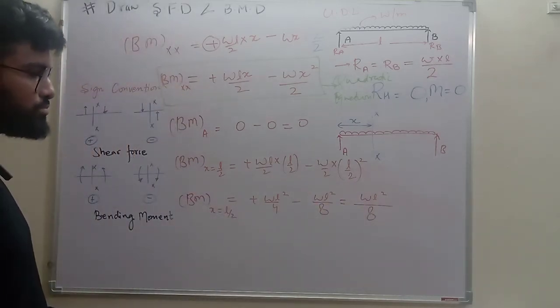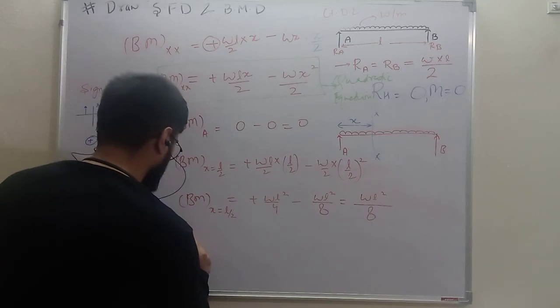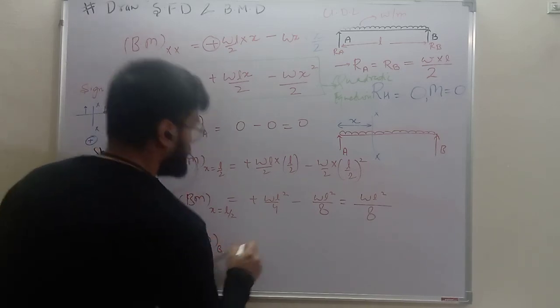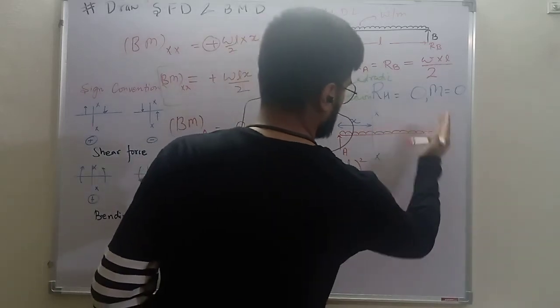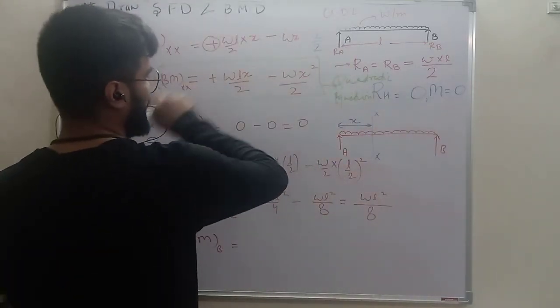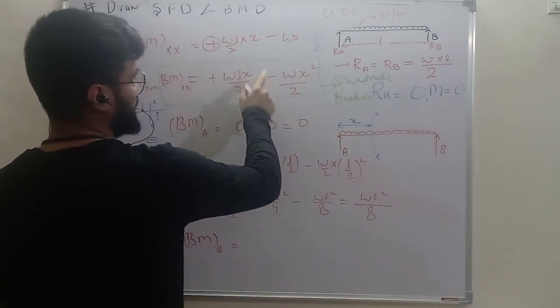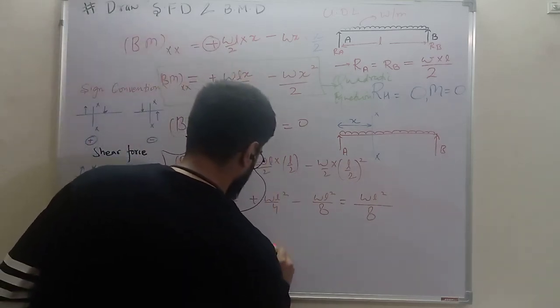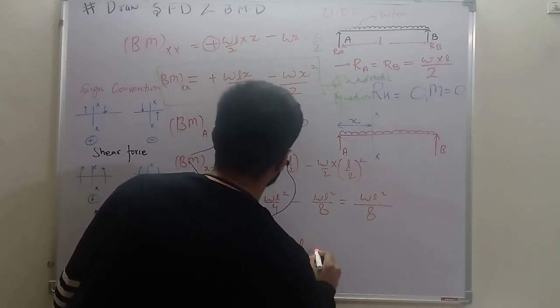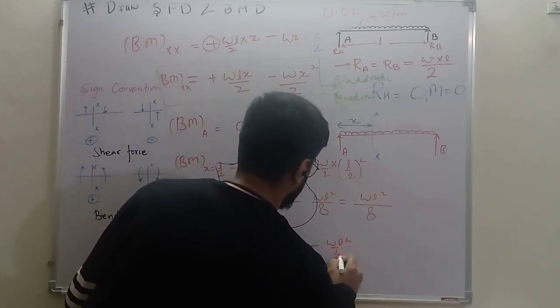Now we will find out the bending moment at point B, when the section comes here. At B, x is equal to L. So instead of x in the bending moment equation, I will write L: WL by 2 times L minus W by 2 times L square.